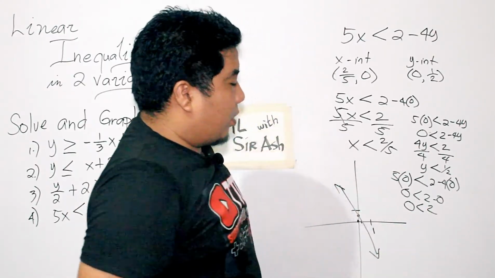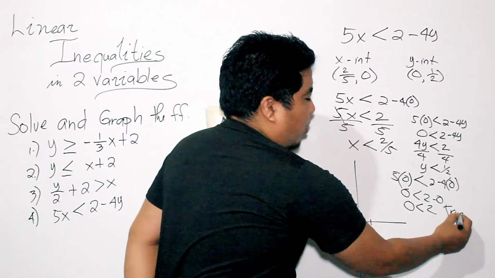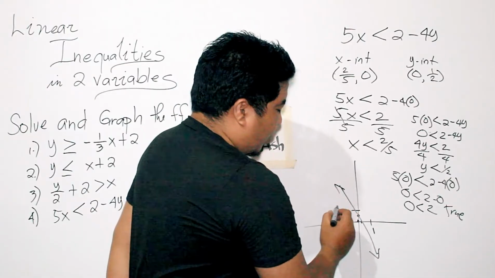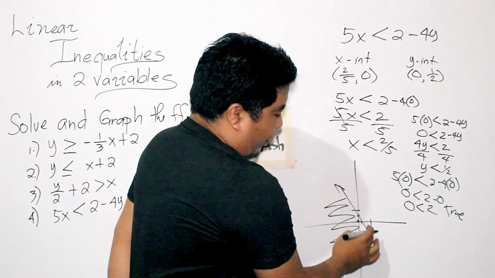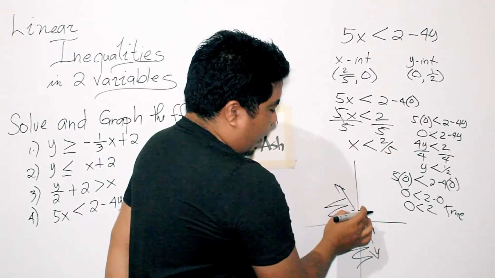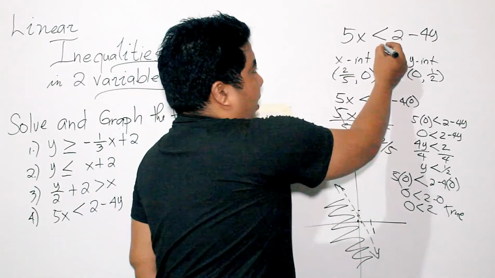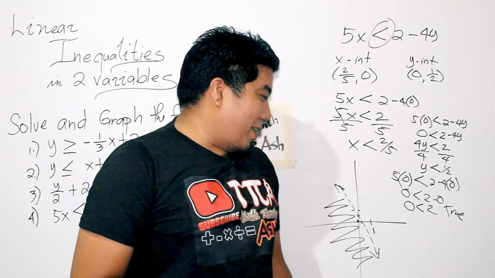Question is 0 less than 2? Yes, that is true. So, therefore, 0 is part of the solution. So that will be our shade. But our graph will be a broken line because our symbol is like this. And that is how you graph it.